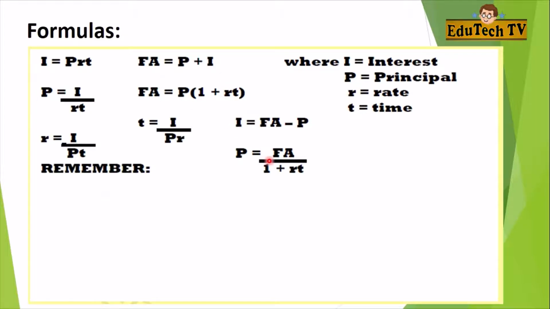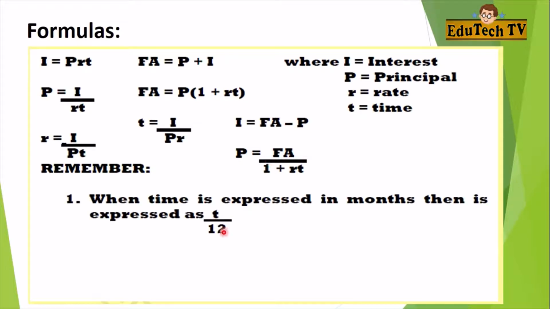Now here are the things you should remember. First, when time is expressed in months, it is expressed as T all over 12. Why? Because our time should always be expressed in years.